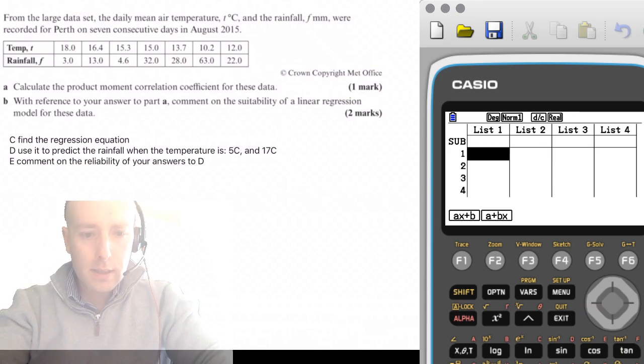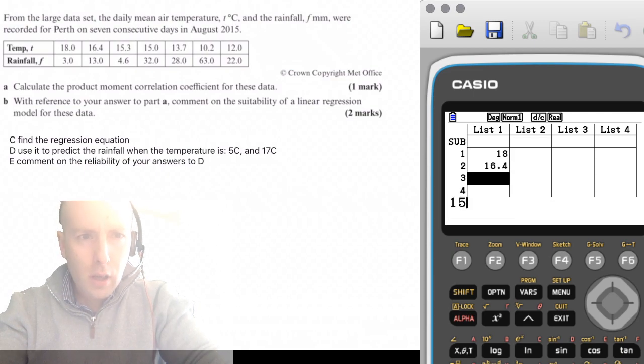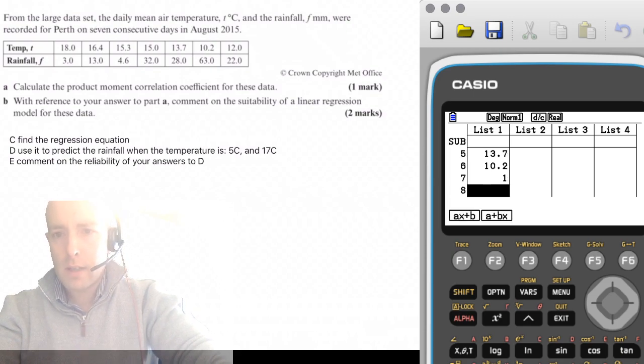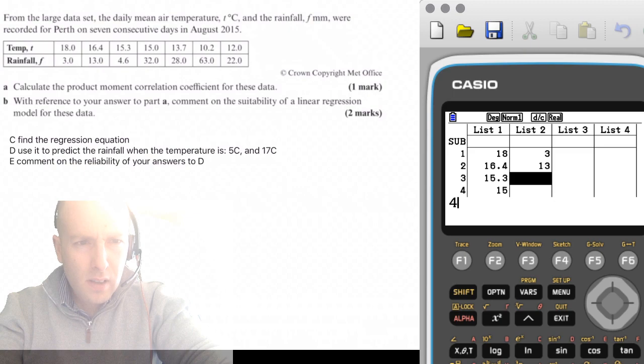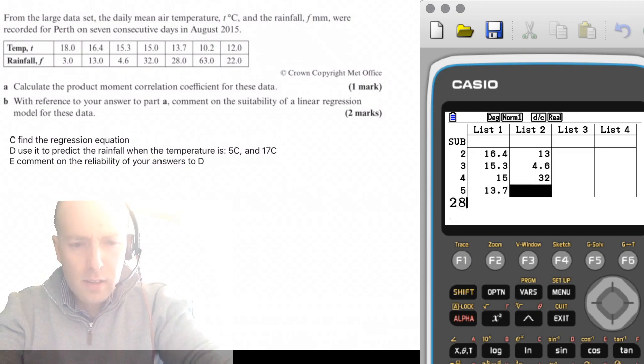So 18, 16.4, 15.3, 15, 13.7, 10.2, 12, 12, 3, 13, 4.6, 32, 28, 63, 22.